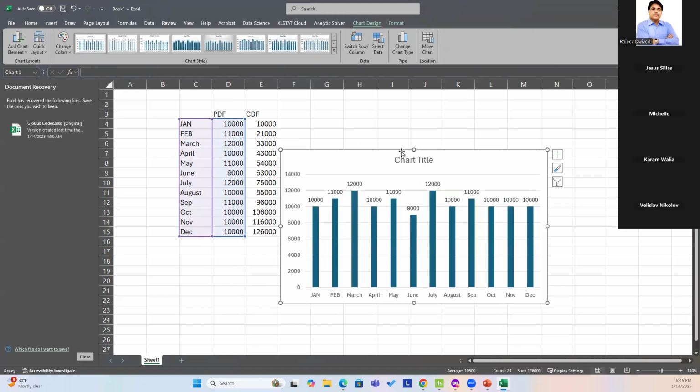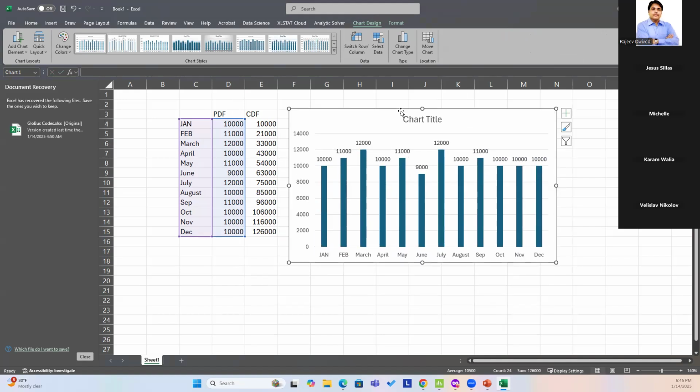So this is the individual value. If I want to know the salary of someone in the month of July, I can say this is 12,000. Someone's salary in April, it's 10,000. March. So if I want to know an individual salary in a particular month, I can use this.